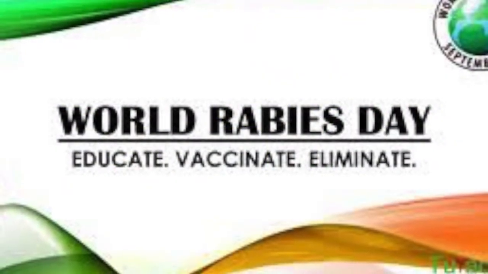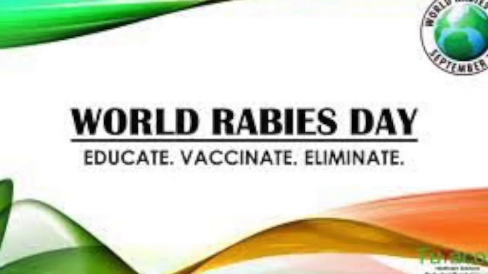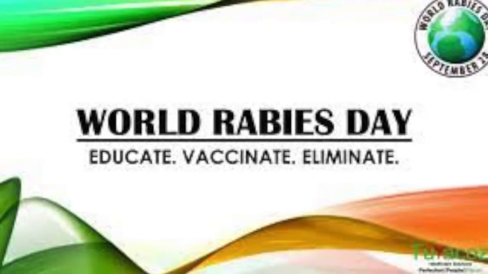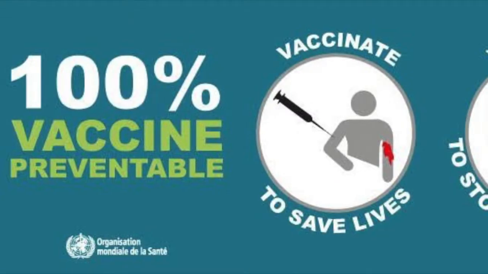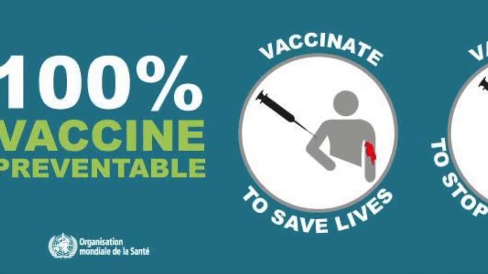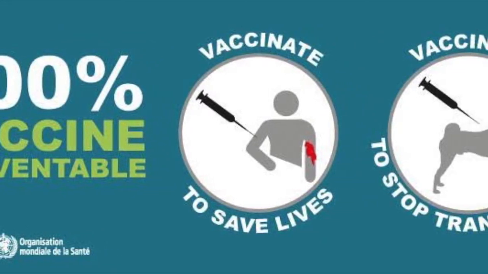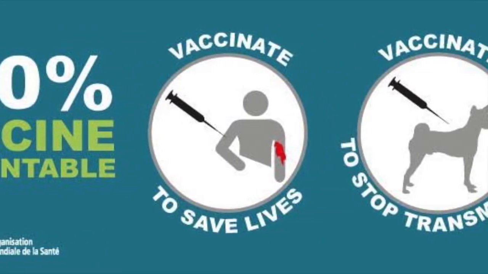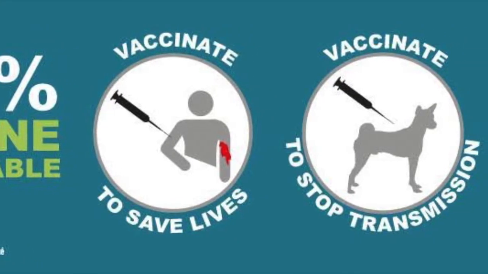World Rabies Day, September 28th, is a day that we should all remember to take our pets to get vaccinated against rabies. If we keep our pets vaccinated, we will not only protect their health and well-being, but we are helping to protect ourselves against the most deadly disease known to mankind.